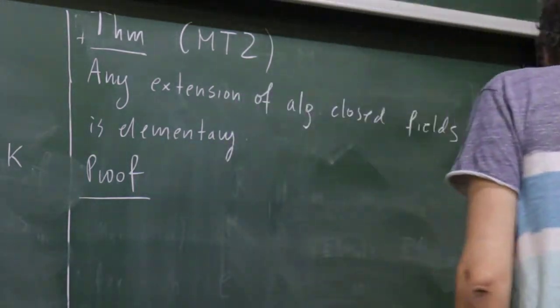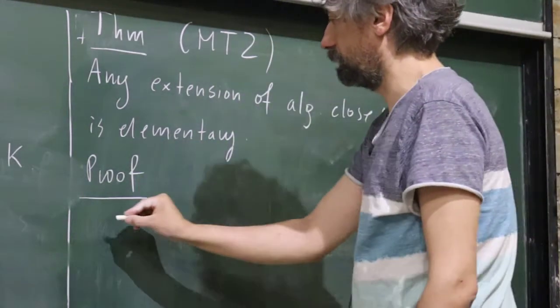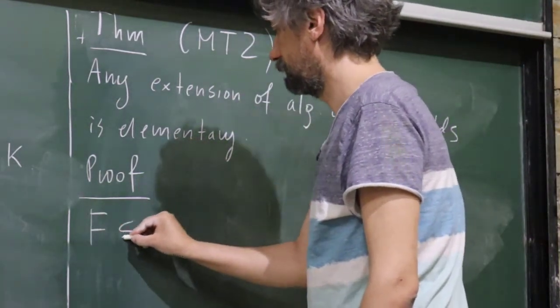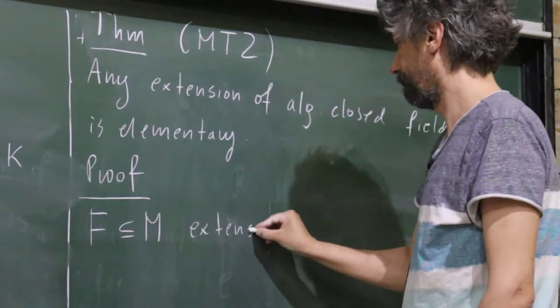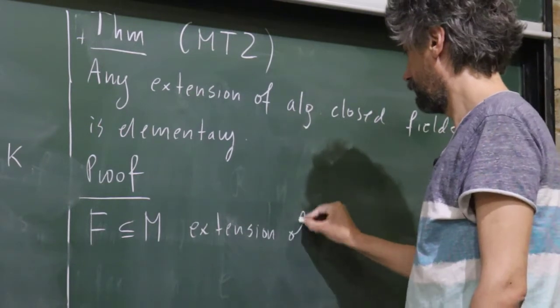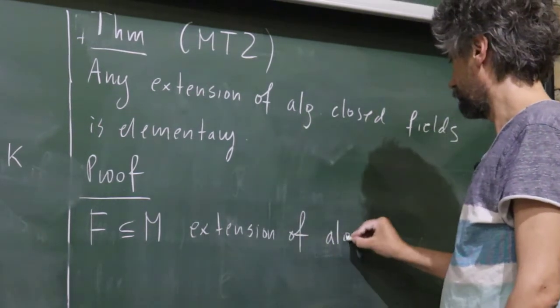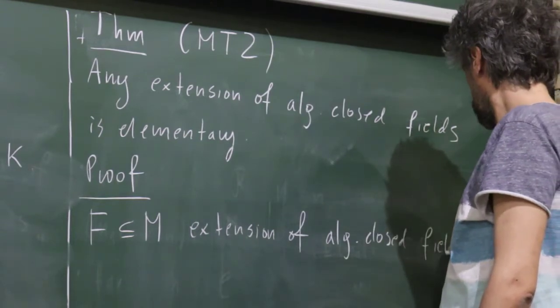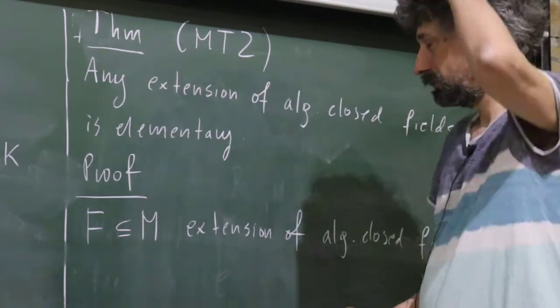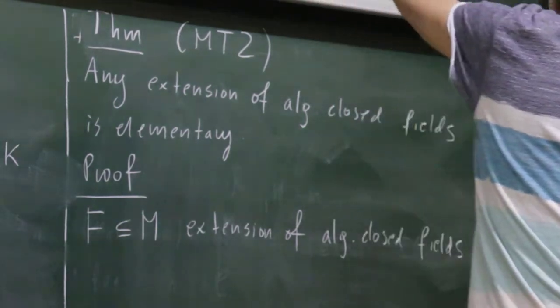So let me start. So let F be an extension of algebraically closed fields. So what is the trick?